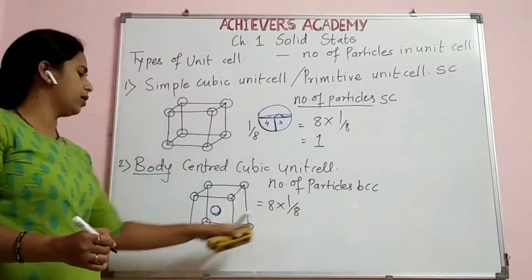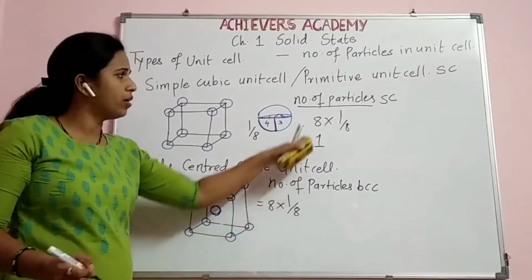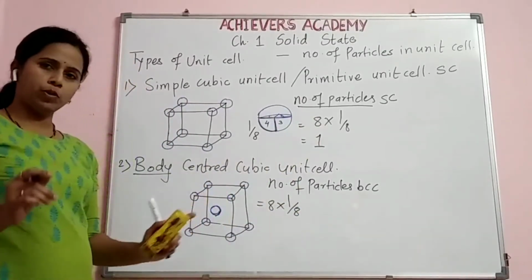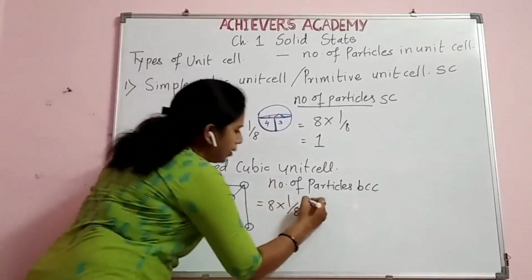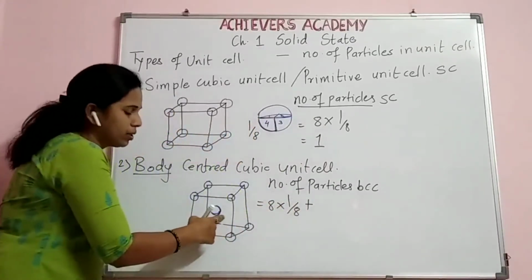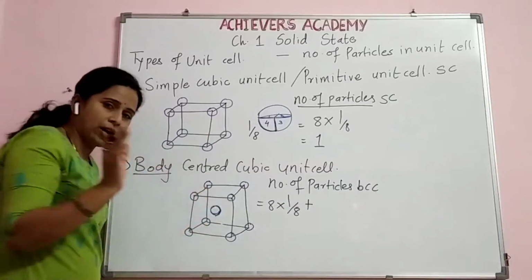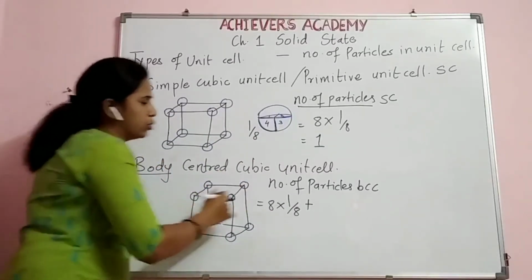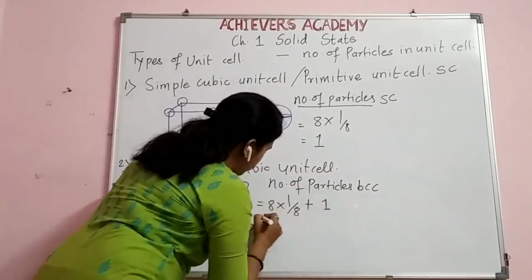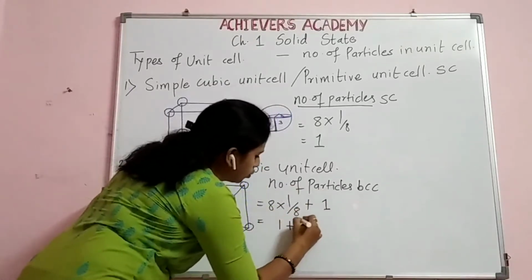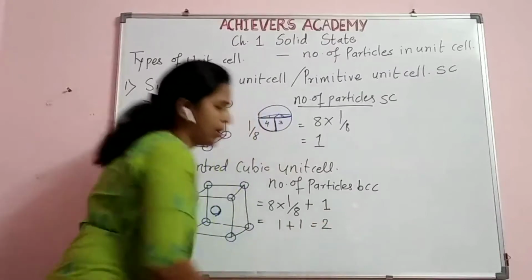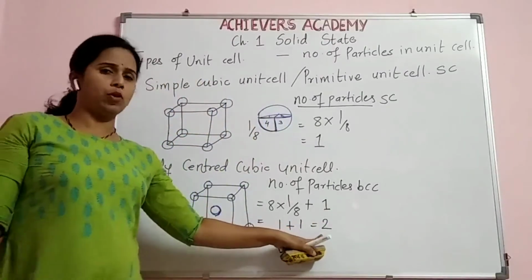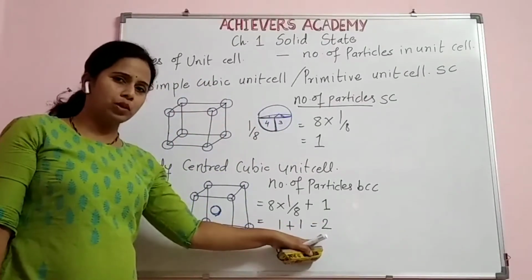Those 8 particles each contribute 1/8 part, what we have seen in the simple cubic unit cell. That same thing we have to write here. Further, this one particle is not shared with anyone. It is totally allotted to this unit cell, so we will consider it as 1. So 1 plus 1 is equal to 2 particles. Is it clear, students?